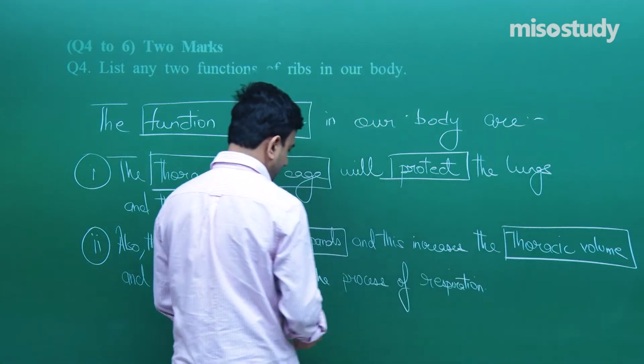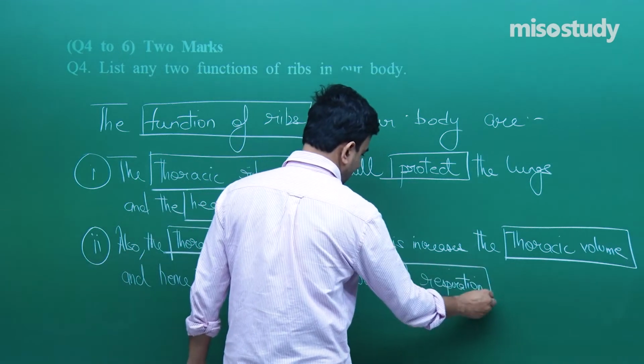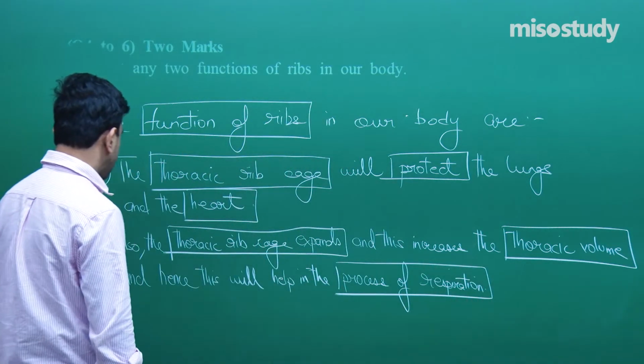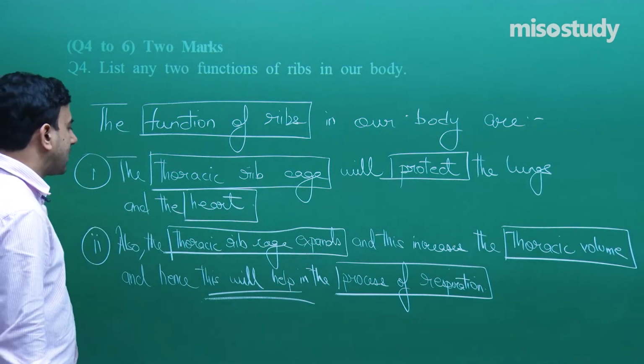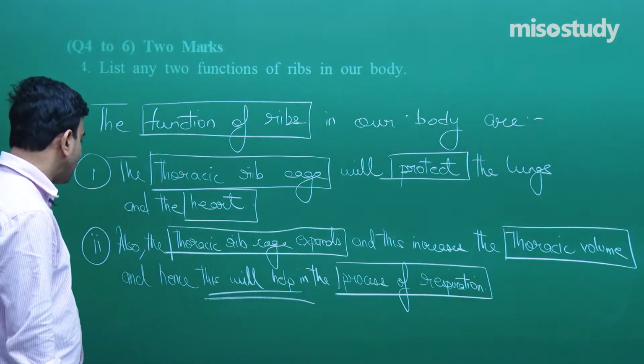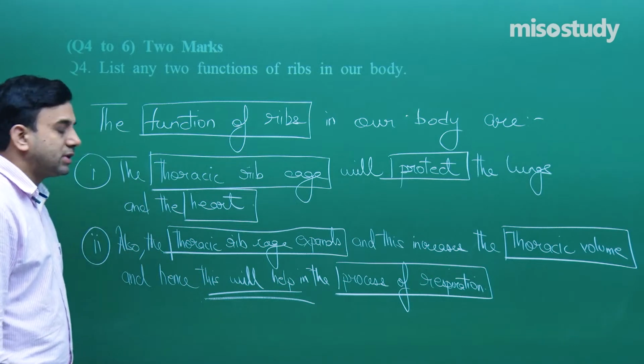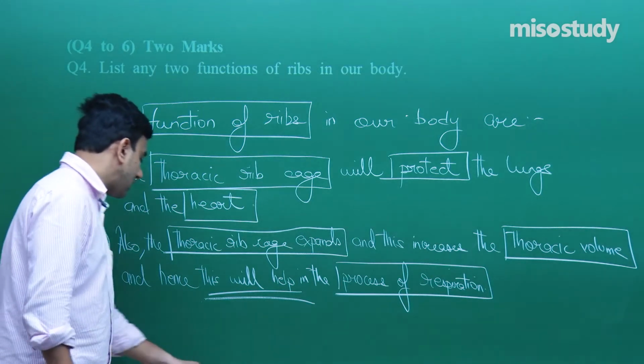So, the thoracic rib cage expands, and this increases the thoracic volume, and hence this will help in the process of respiration.